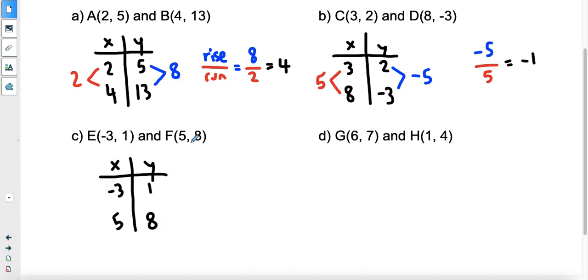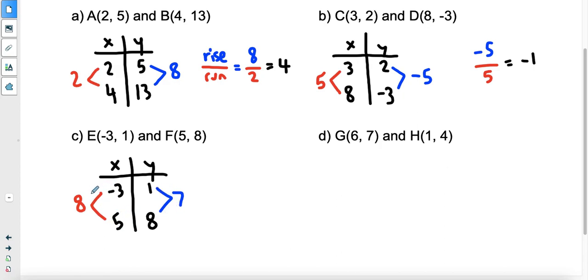My y values go from 1 to 8, so they go up by 7. My x values go from negative 3 to 5, so they go up by 8. And if you're ever not sure how much the x or the y values go up by, you can always subtract, right?